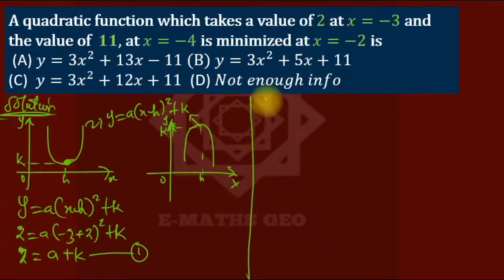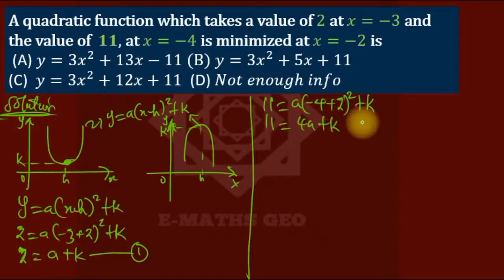So y is 11 at x equals -4, and it is minimized at -2, so h is -2, plus 2 all squared plus k. So I have 11 equals 4a plus k. We'll call it equation 2.